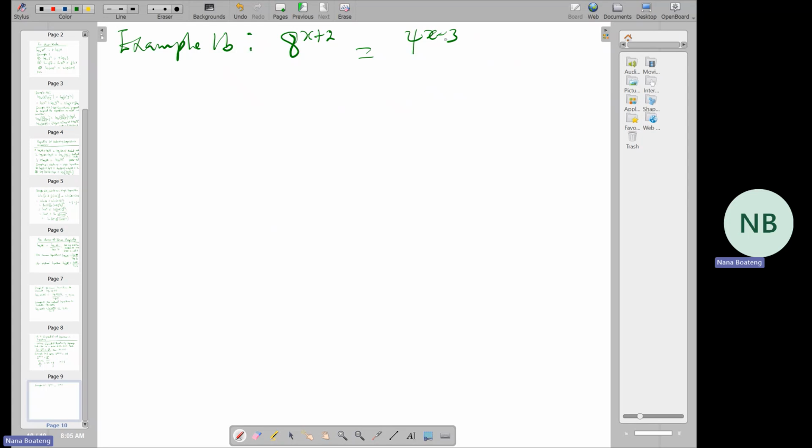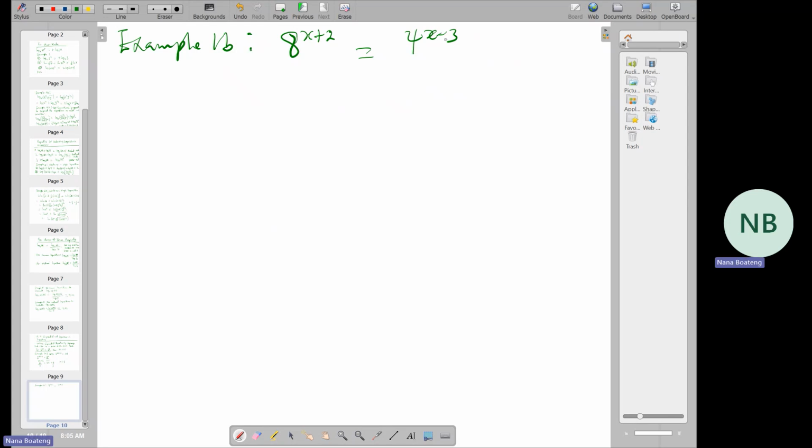So the property we are using to solve these equations is that we want the base to be the same. We want to express the base on both sides to be the same so we can equate the powers.